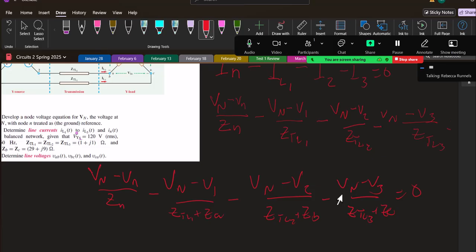But what's nice about a balanced load? The impedances are the same. Yeah, all those impedances are the same.